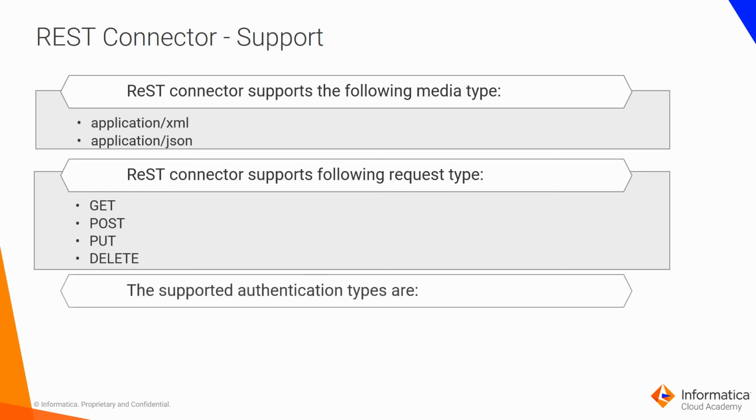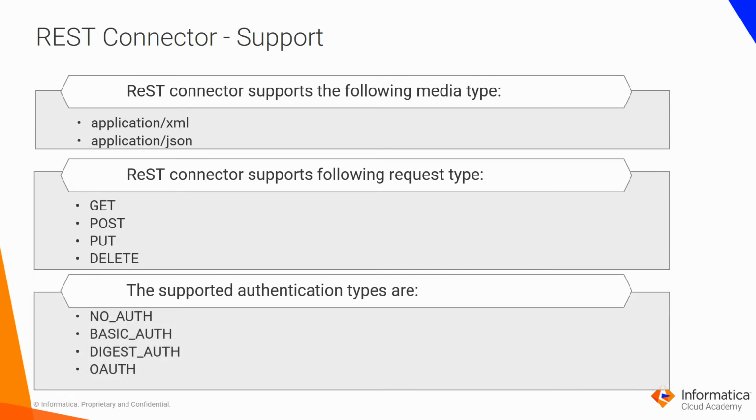REST supports the following authentication types. No auth, that is, no username and password required. Basic auth, it is the HTTP basic authentication, which is based on a username and password. Digest auth authenticates a user based on a username and a password.